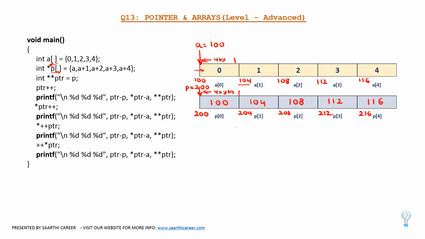Now the third line is a little tricky, where I see int **ptr = P. So first let's draw the memory block for ptr. Now let's try to decode what this double star means. For starters, ptr is a pointer to an integer. There are two ways we can try to understand this. One way is to see how many dereferences I require to reach 0 or any integer in this block.